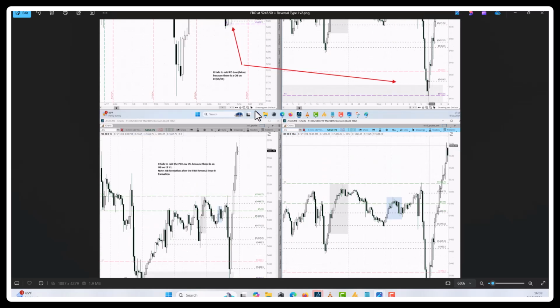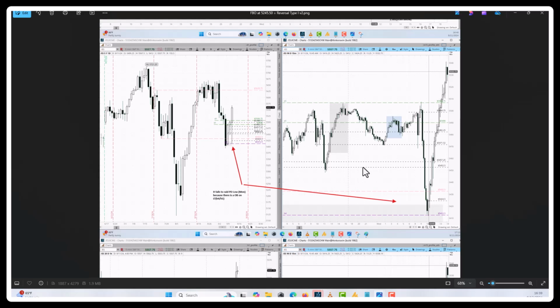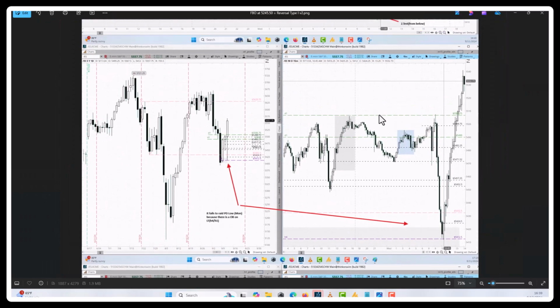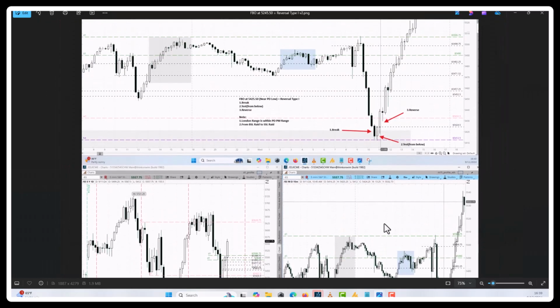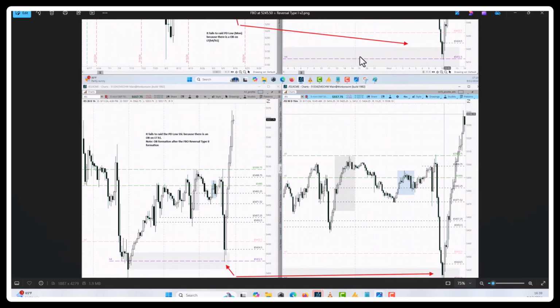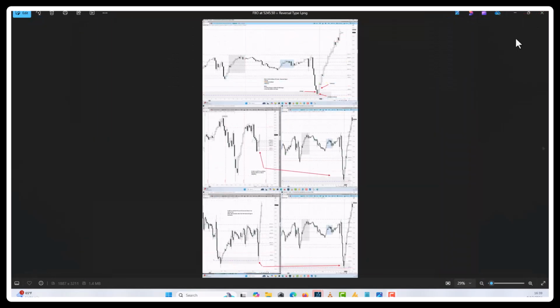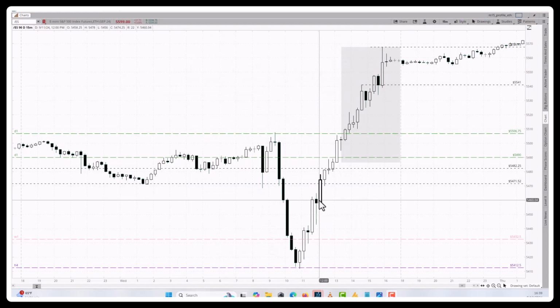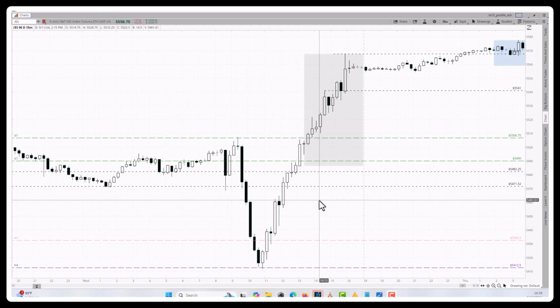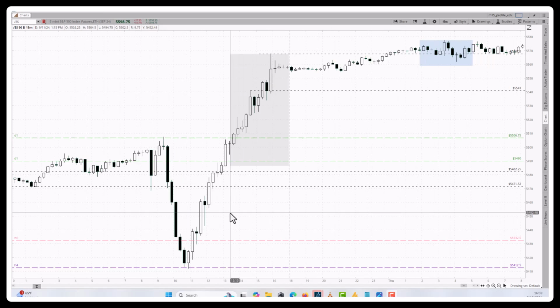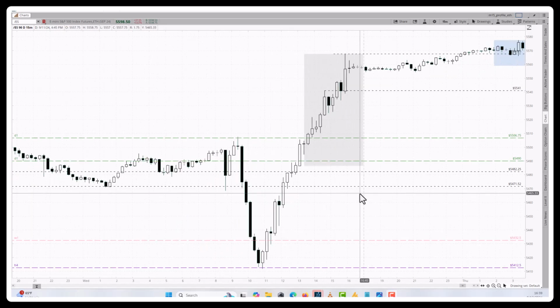Then it flipped. Yes, it flipped right there. All right, so it looks very perfect. So we see that it flipped from yesterday, and today it continued to move up.